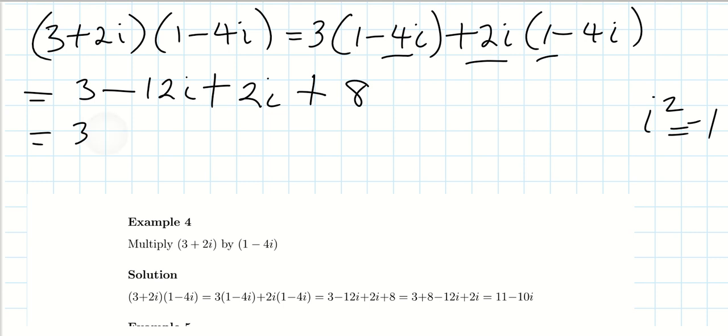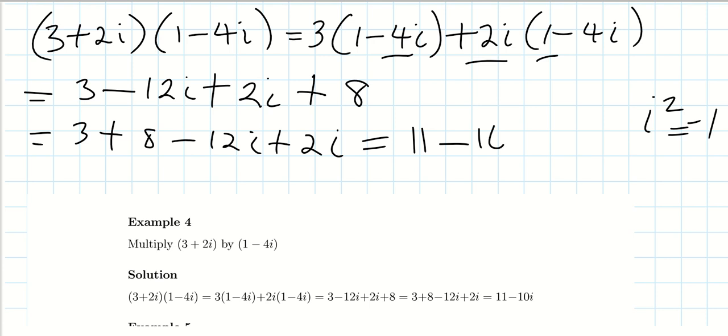So 3 plus 8, minus 12i plus 2i. 3 plus 8 is 11. So here we have 11. Then minus 12i plus 2i, we have what? Minus 10i. So this gives us the multiplication for example number 4. This gives us this answer.